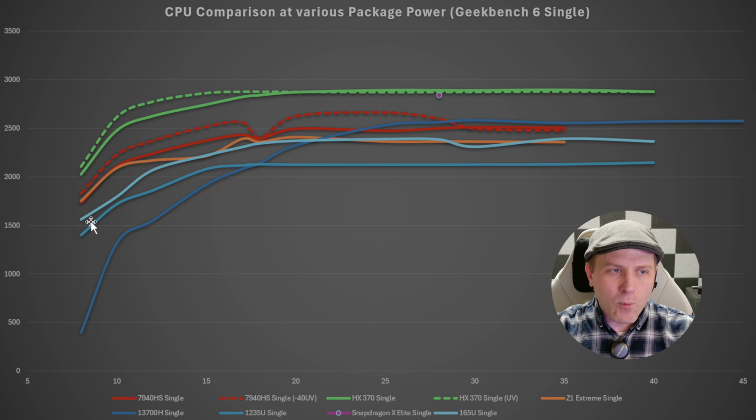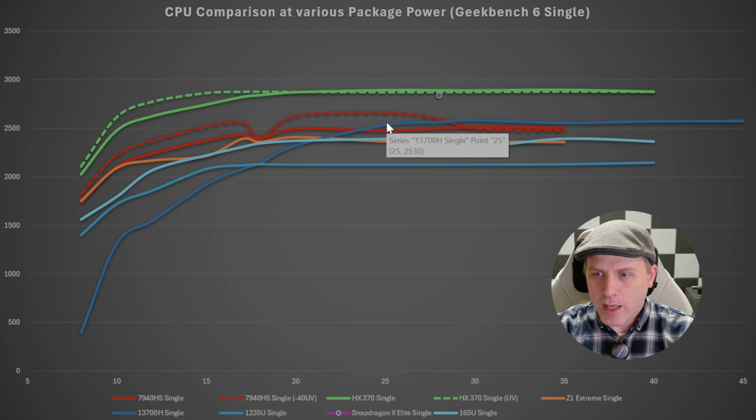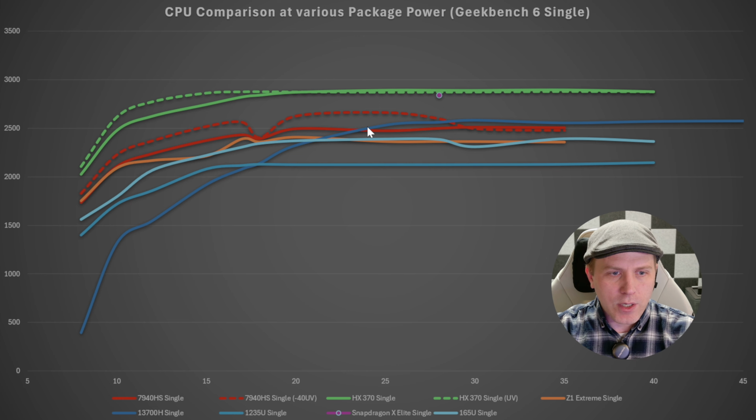So where you see these U series at low wattage, basically, they do a little bit better. But again, that 13700H does wake up quite a bit once you give that single core more than 20 watts. So at 20 watts, that 13700H really comes to life and kind of starts beating on the single core side of things. It starts beating the Z1 Extreme, it starts beating the 7940HS.